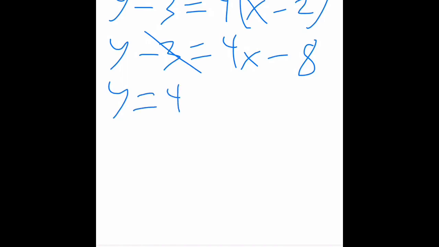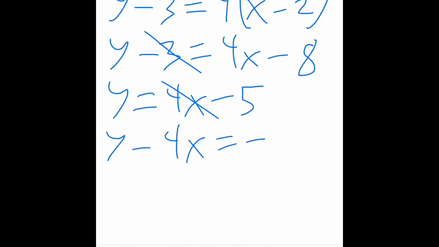So y equals 4x minus 5, and we got that in that form now. So now if you want this in standard form, you're going to have to do y minus 4x equals negative 5.